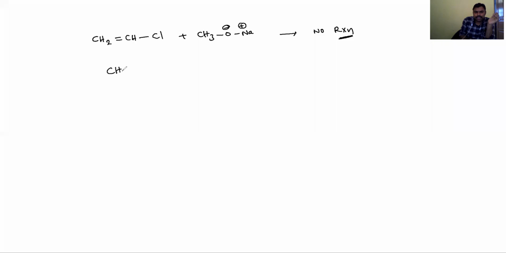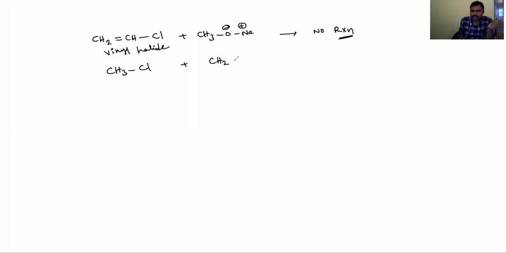Otherwise, CH3Cl reacts, because vinyl halides do not give Williamson ether synthesis. So you take the corresponding alkoxide, which acts as a nucleophile, undergoes a nucleophilic substitution reaction and produces the corresponding ethers.